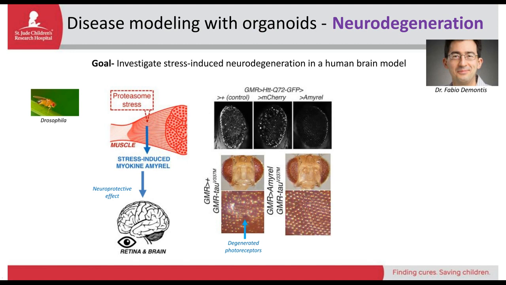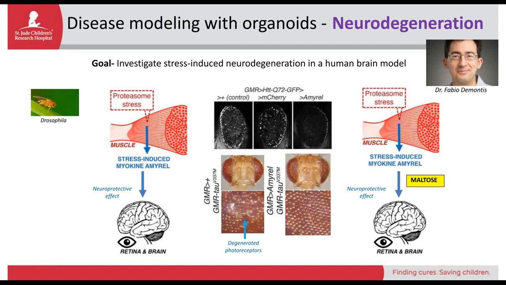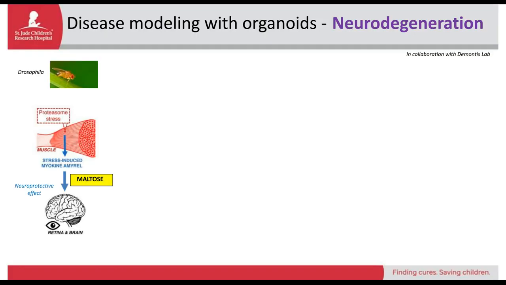They looked into this pathway a little bit more, and found that this neuroprotective effect of amiral is mediated via maltose. And so the De Montes lab wanted to know if this pathway, which is active in Drosophila, is conserved in humans. Is this something that can be seen in a human system as well?